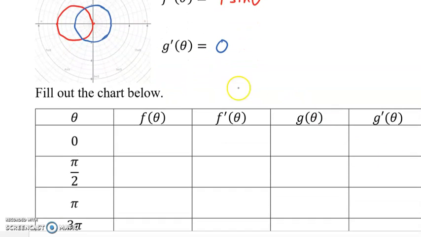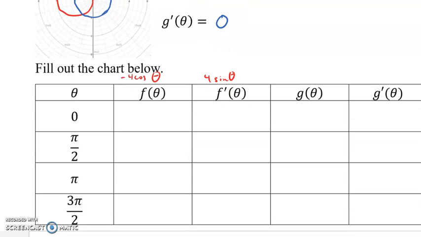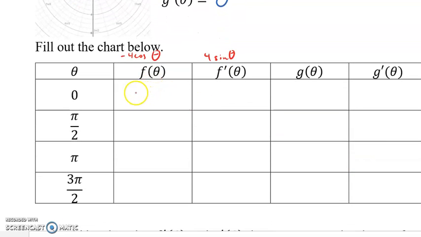So f of theta was, in red, -4 cosine of theta. F prime of theta was 4 sine of theta. So we'll just fill in some r values. We got r values of, let's see, cosine of 0 is 1, so -4, then 0, then +4, then 0.